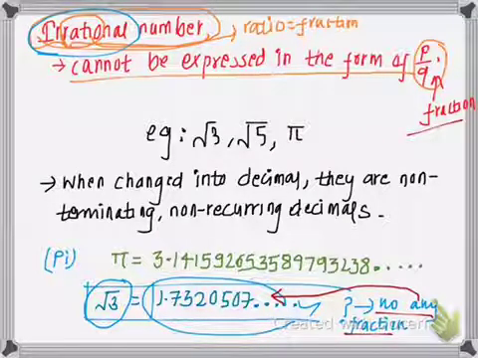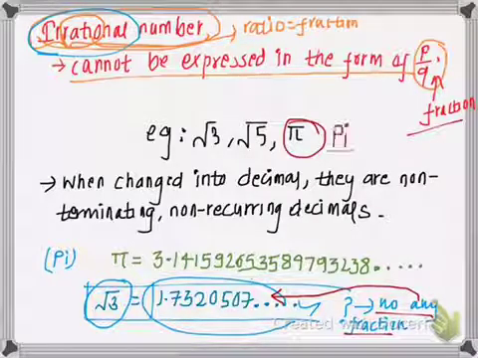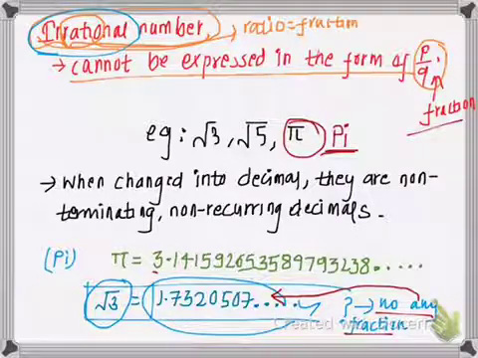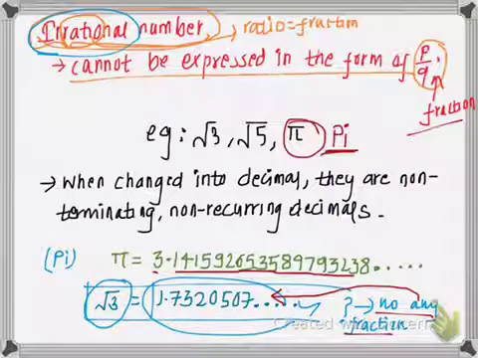Also, a popular example of irrational number is pi, which actual value is 3.1415926535897932328, and the pattern continues till infinity.